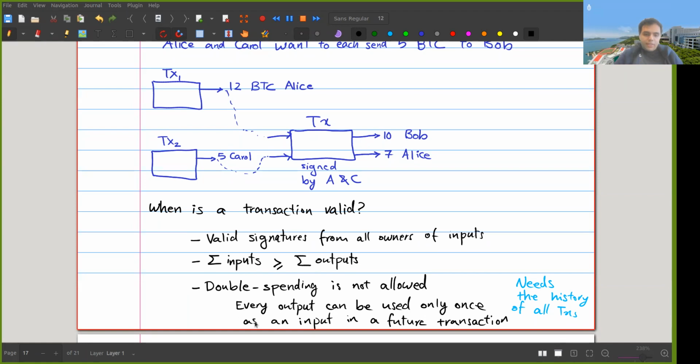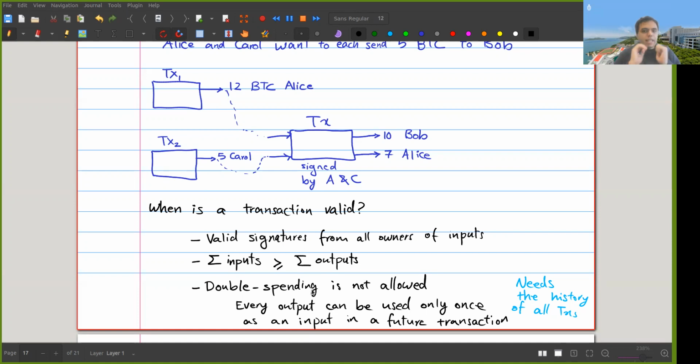But if you look at the third one, it says that you shouldn't be able to do double spending. So what it says is that if you're using a previous coin in this transaction, you have to make sure that no previous transaction has used the same coin. But this only makes sense if you can have an order on your transactions, if you can say which transactions are before this particular transaction.